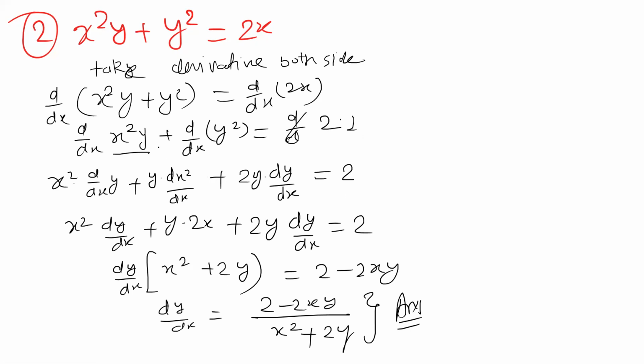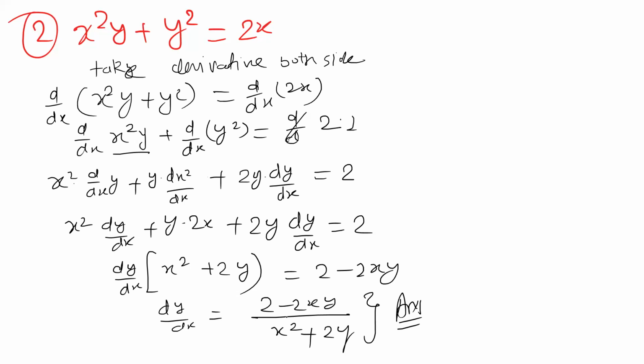Okay. So there are two methods. Like if you are given an implicit function, if you are able to express it as an explicit function, then you can convert it into an explicit function, then take a derivative. Otherwise, directly you can take the derivative, you will get the same answer.